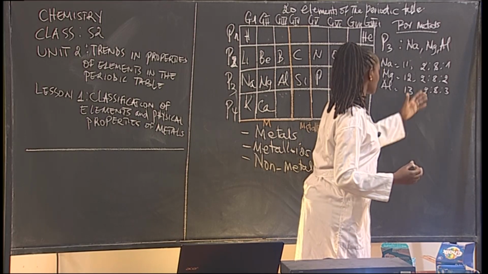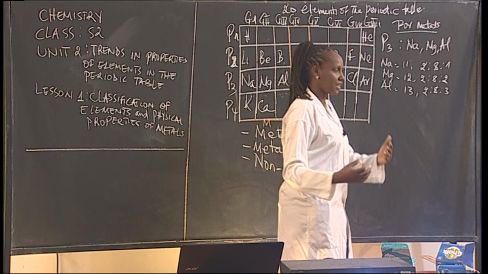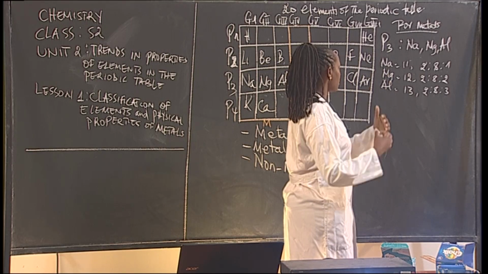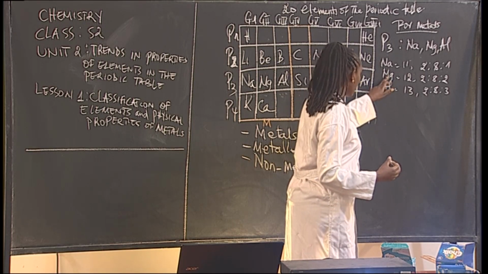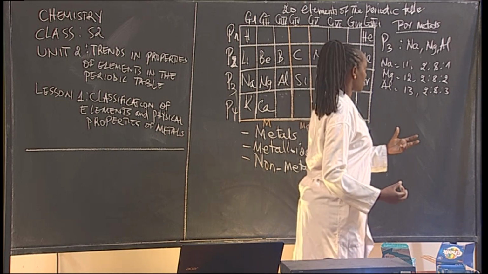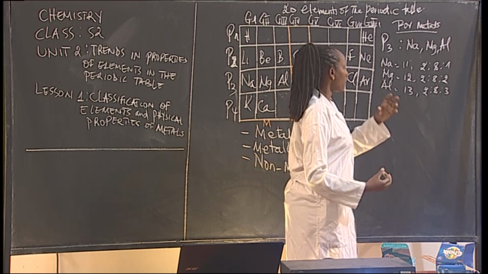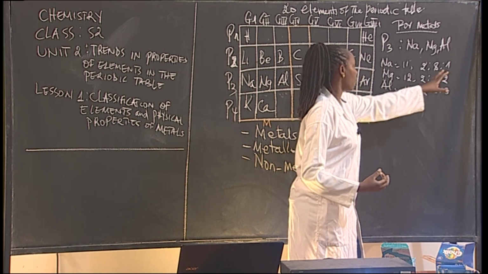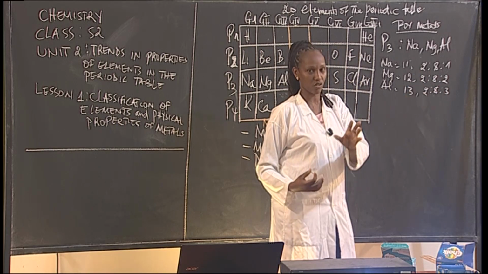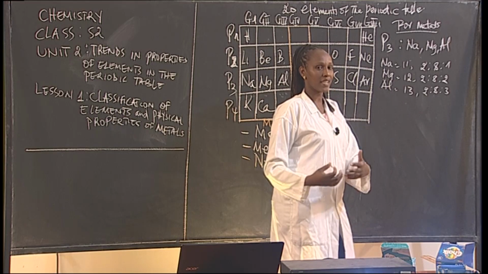But what brings the difference in sodium being more metallic than magnesium, and magnesium being more metallic than aluminium? That's what we're going to see. So I've said that when we look at metallic character, we base on the capacity of an element to donate electrons.